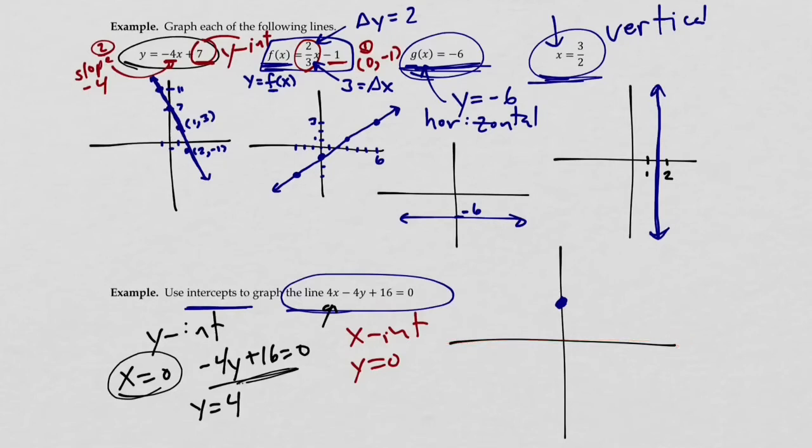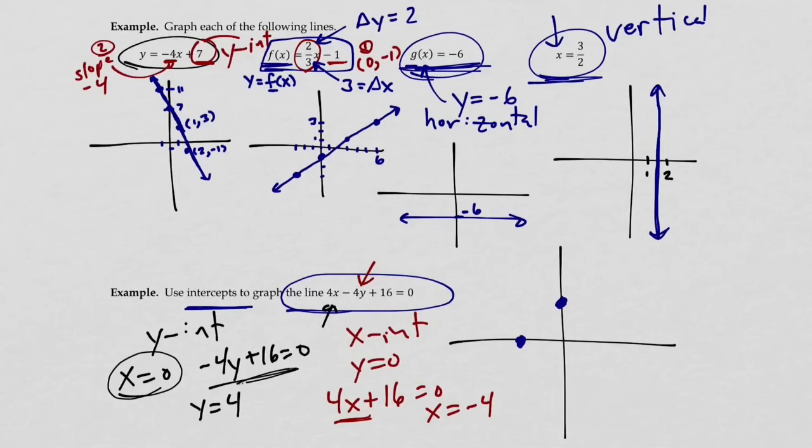So I can plug in 0 for y, and then we get the equation 4x plus 16 equals 0. And now in that case, x has to be negative 4. So the second intercept, the x-intercept, is going to be to the left of the y-axis at negative 4.